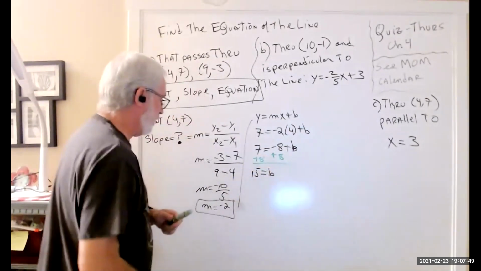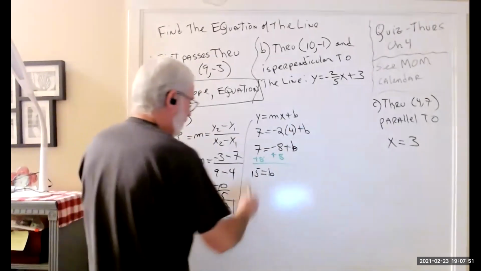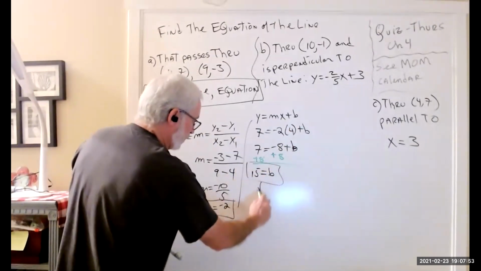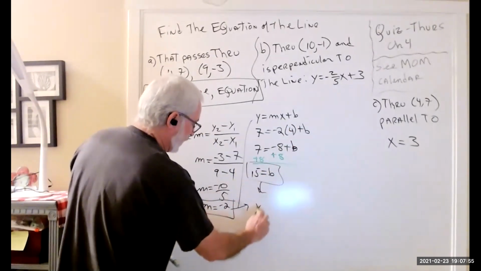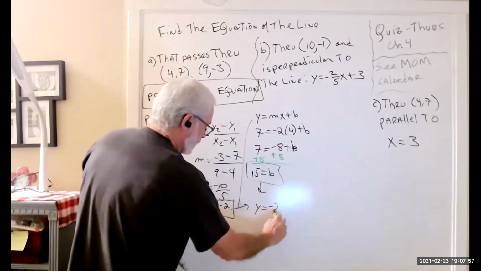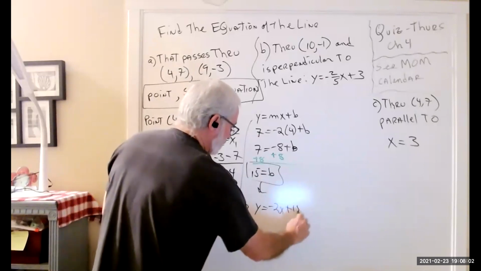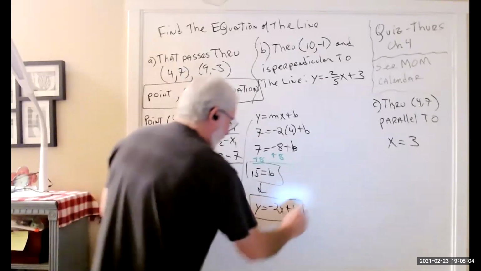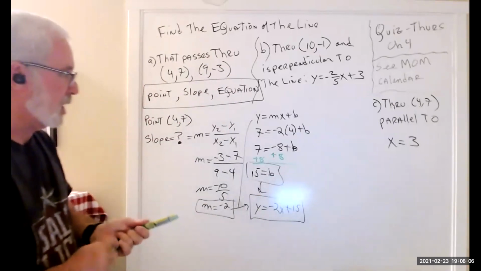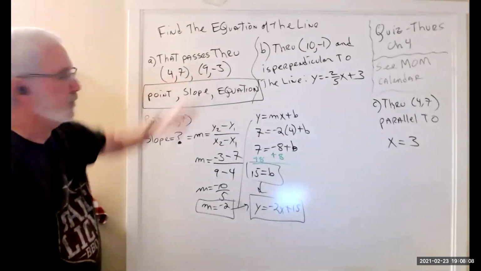And now I have everything I need, okay, to answer this problem. I put this and this together, and I have y equals -2x, because that's the slope, plus the 15. And that's the equation of the line that passes through those 2 points.